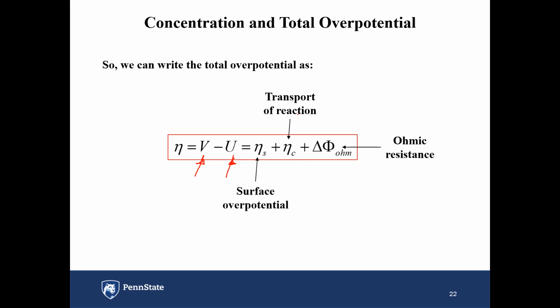This side can be predicted from the transport law, and the surface overpotential can be controlled by the Butler-Volmer equation. So by knowing everything in hand, we can now easily understand how to control the current-voltage curve.